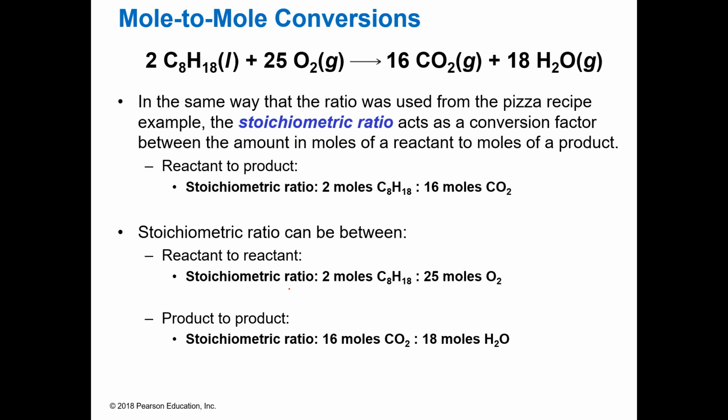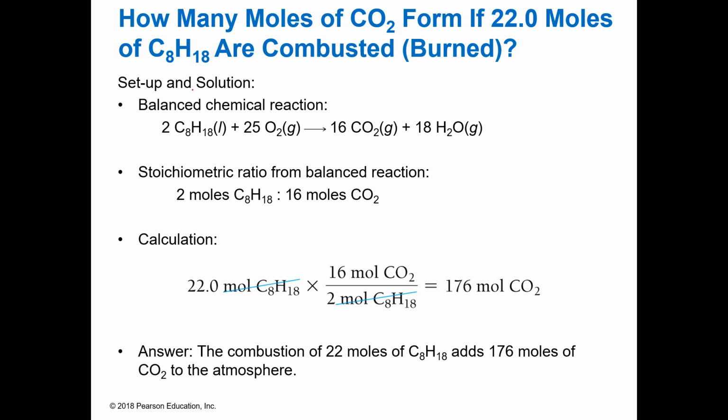So looking back at that first one, we're going to use this mole-to-mole conversion, or our coefficients, to convert between 2 different parts of our reaction. Okay. For example, here I have the balanced equation.